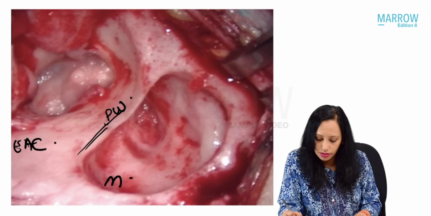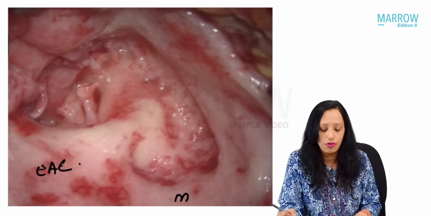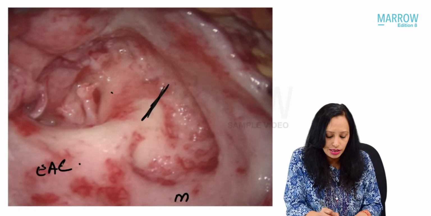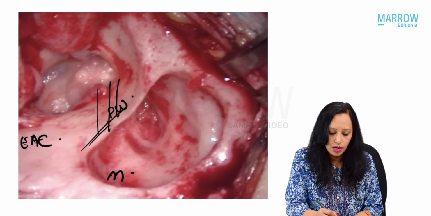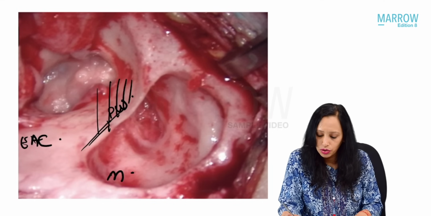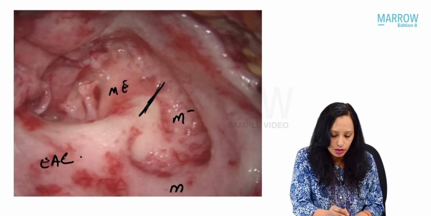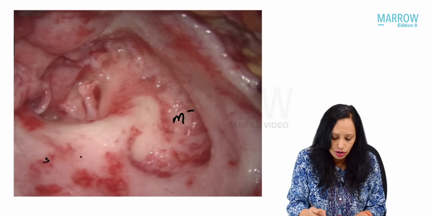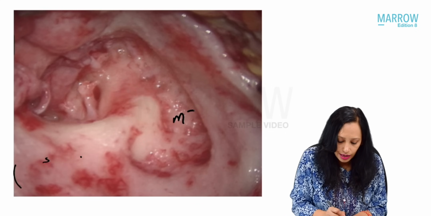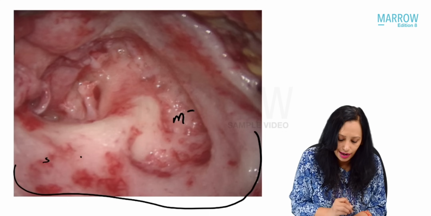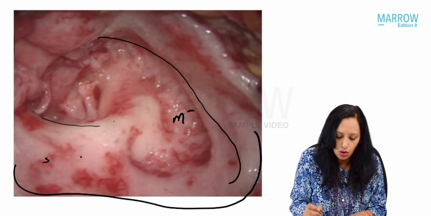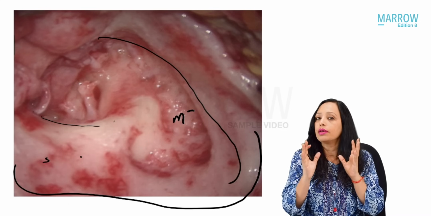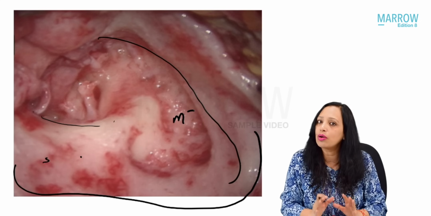Yes, this wall, see in this picture, is gone now. The common wall between the middle ear and the mastoid, yes, this complete common wall, I have removed. So what have I done? I have converted the external auditory canal and the mastoid into a common cavity, the middle ear and the mastoid. All this is now one big cavity. Yes, so I have done a canal wall down surgery.